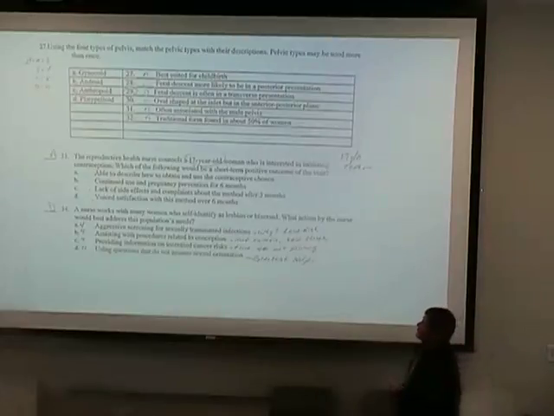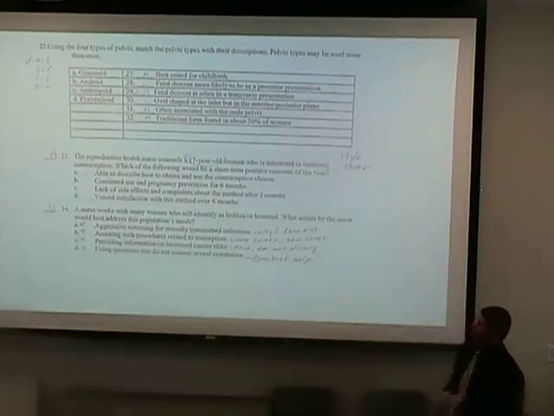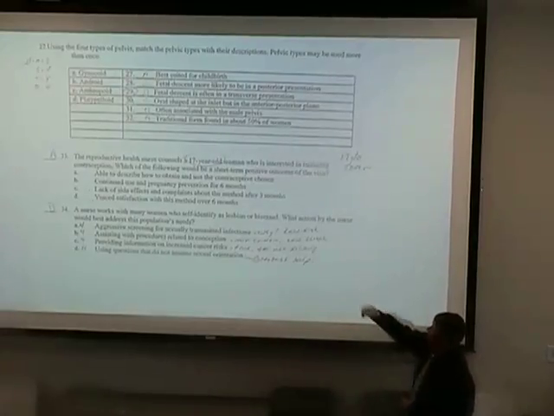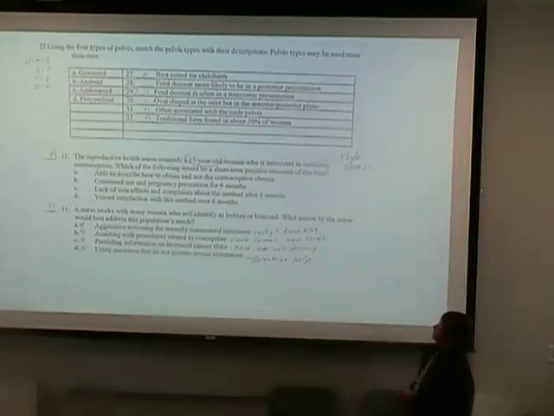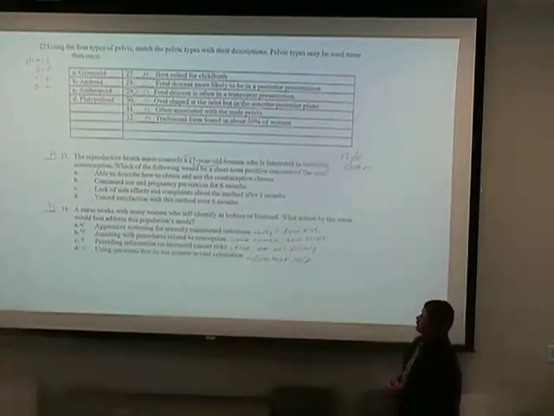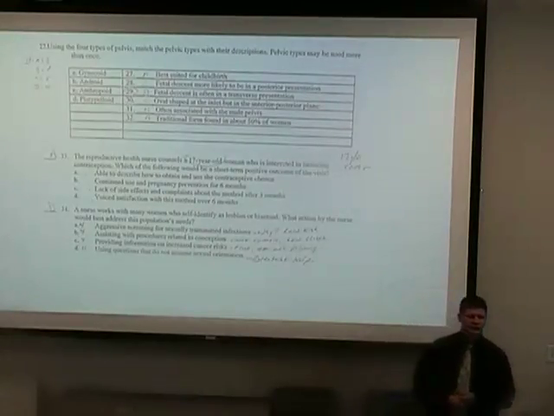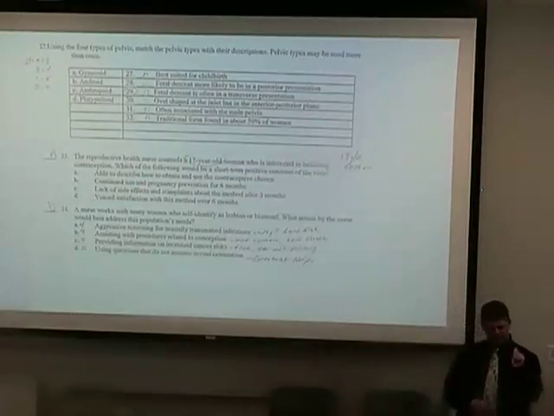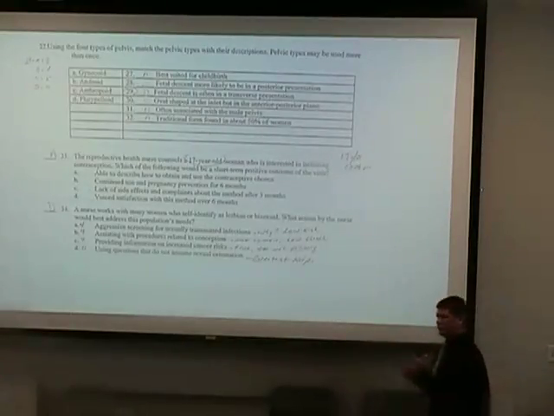Now let's look at number 33, because it was a good nursing process question. A reproductive health nurse counsels a 17-year-old woman who is interested in initiating contraception. So what do you know? What's your assessment? She's 17 and she wants to start contraception.